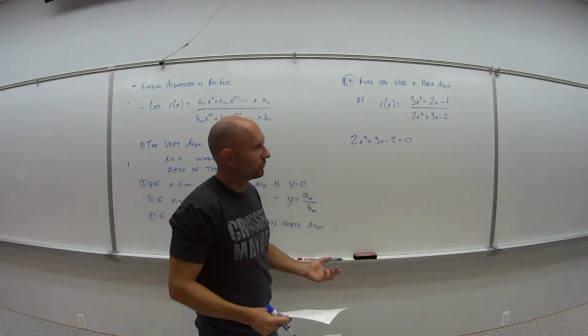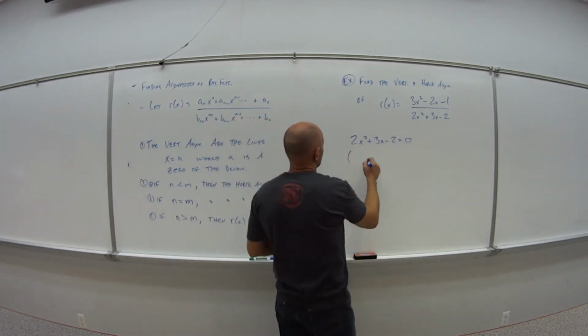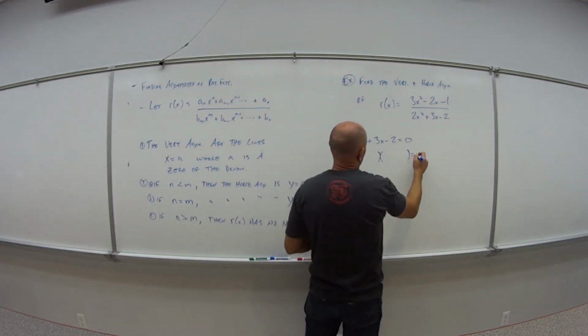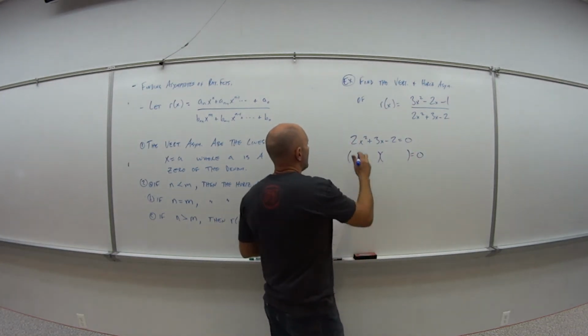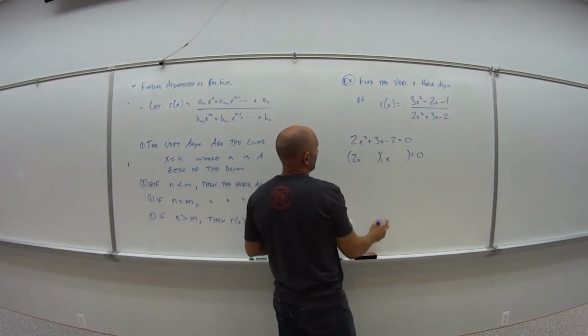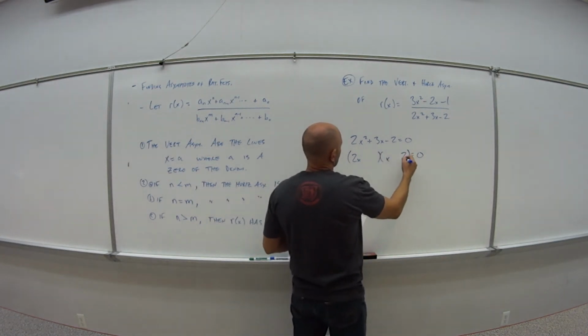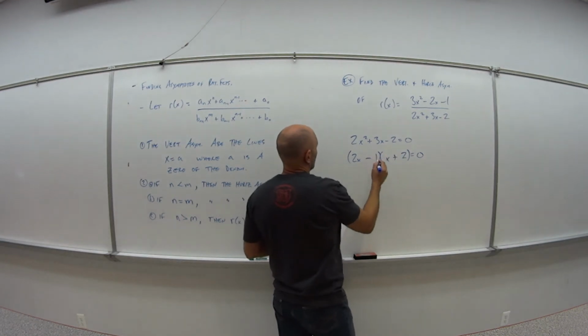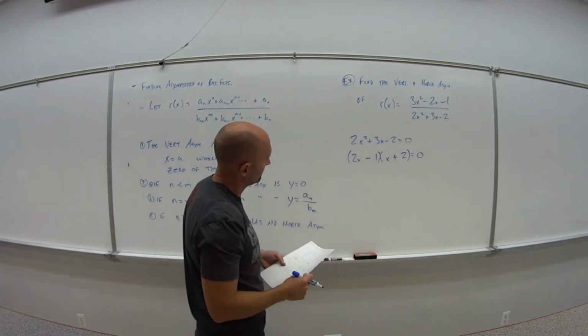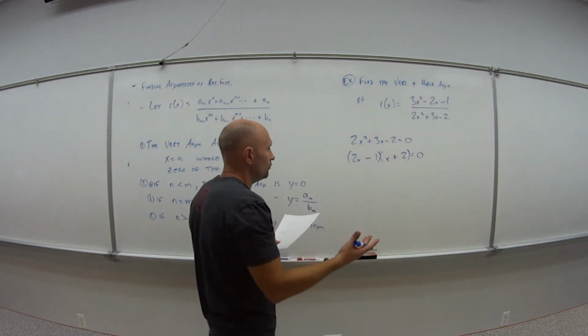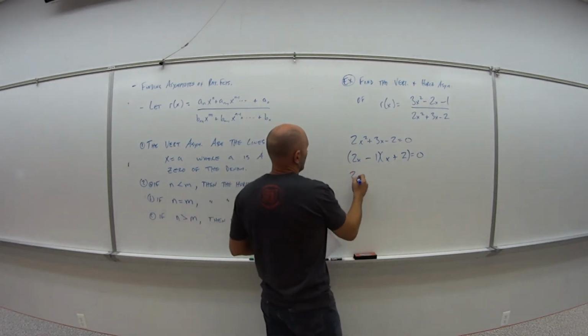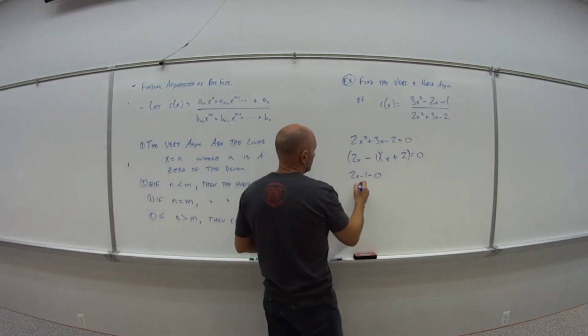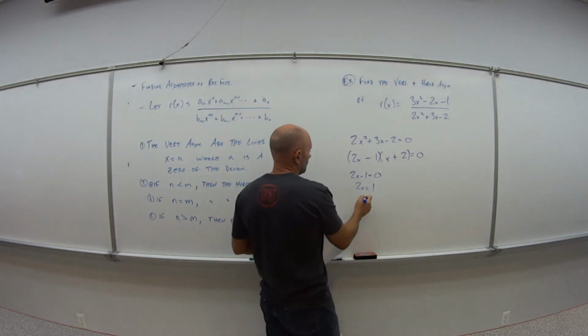And now factor this if it's possible. So we have 2x and x. I need to get to 3, so I'm going to have 2 and 1. And that's positive, so plus and minus. Use the zero product property. So I have 2x minus 1 is 0. 2x is positive 1.